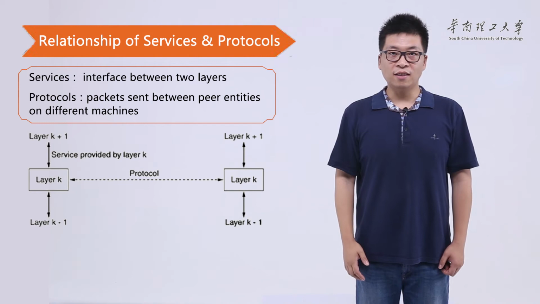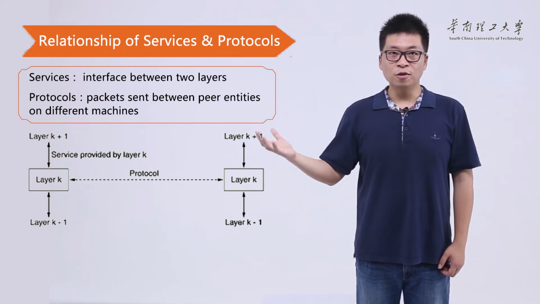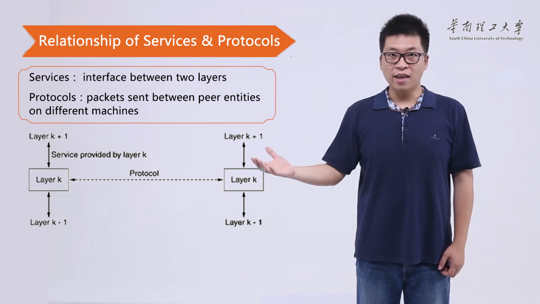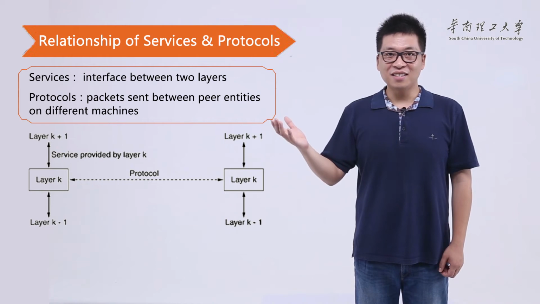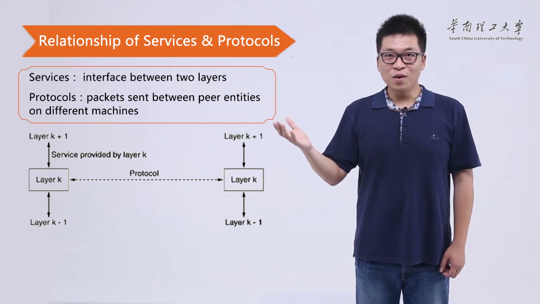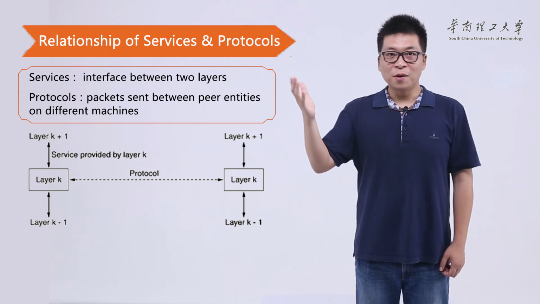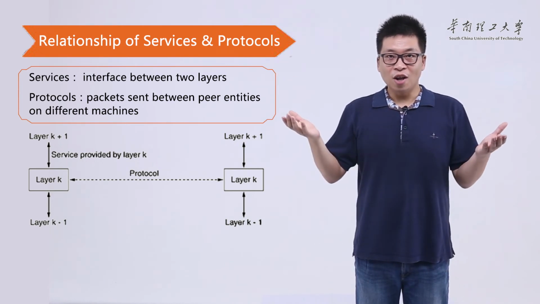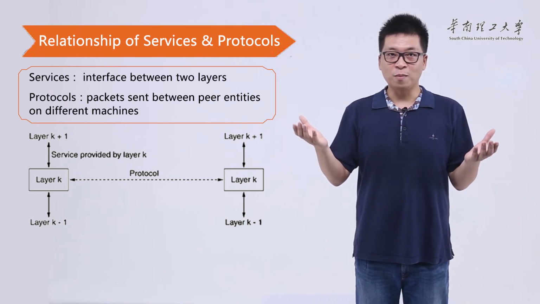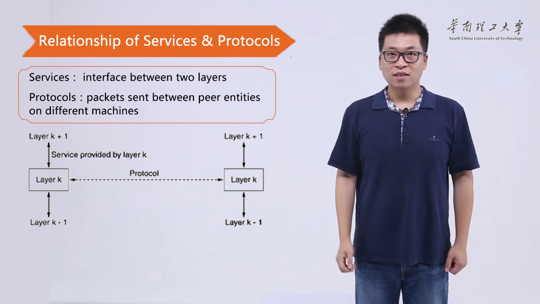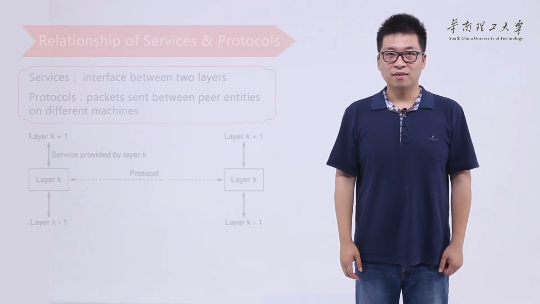As we can see in the diagram, layer K plus 1 consumes the service provided by layer K. Therefore, in the diagram, it is vertically that a lower layer provides services to its adjacent upper layer. Protocol is a horizontal concept. The two layer K entities can communicate with each other if and only if they follow the same protocol.